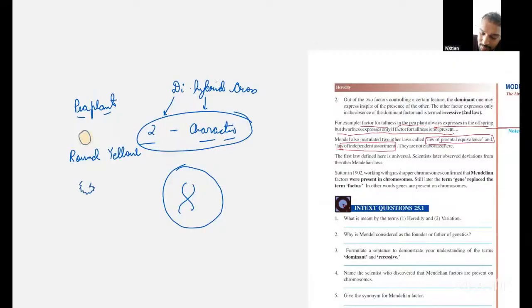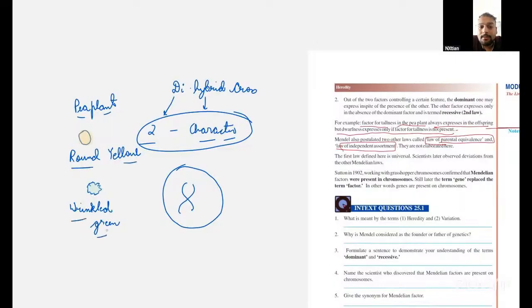This is a wrinkled pea plant seed, and it is green in color. This is round yellow. This is wrinkled green.